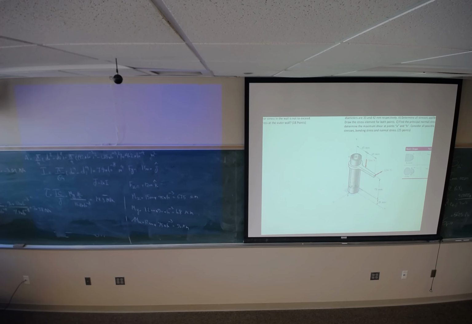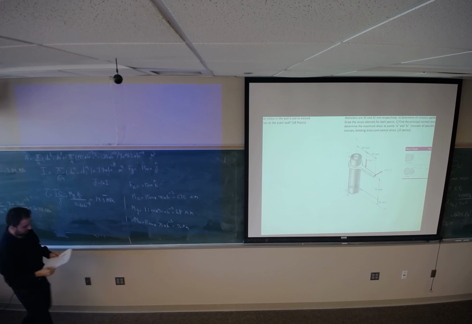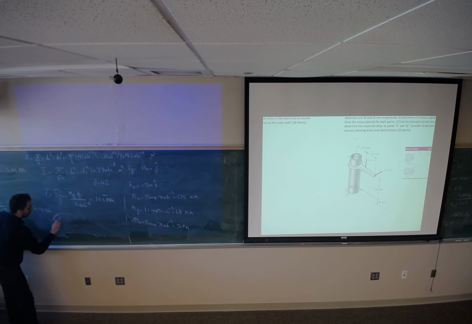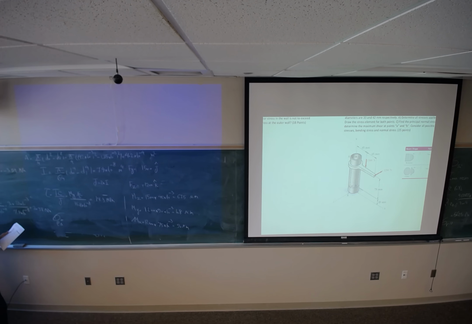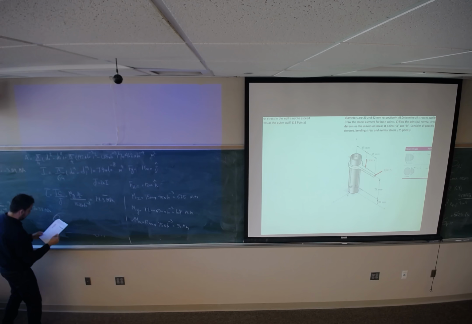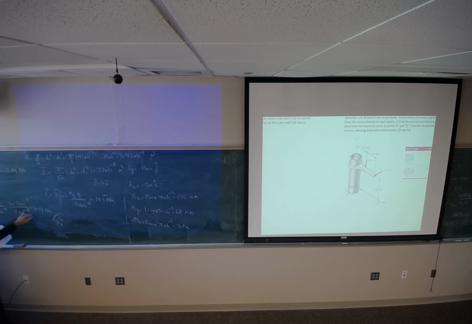So the total shear is gonna be summation of these two, 0 and 14.3. The normal stress is gonna be the summation of these two. It's gonna be 23.92.